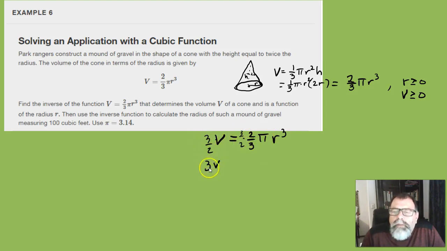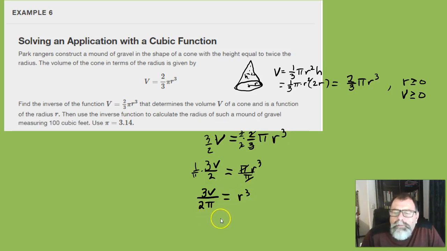So it's 3V over 2 equals pi r cubed. And then divide by pi. I'm just going to put it on the bottom here. That's dividing by pi. So the pi's cancel. We get r cubed.